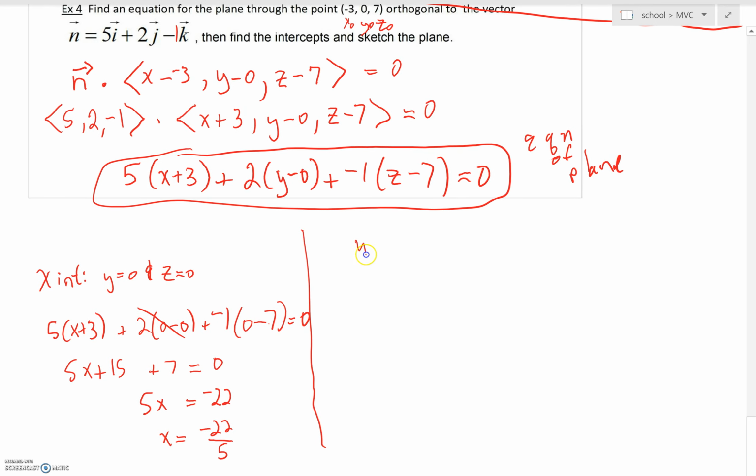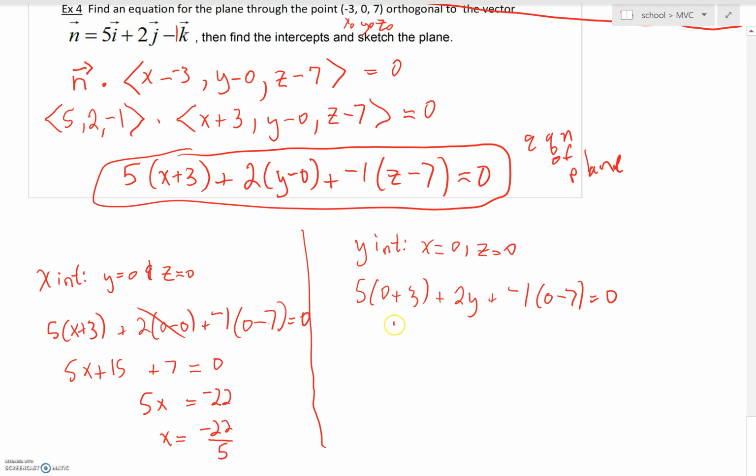Let's find a y-intercept. To find a y-intercept, we're going to let x equal 0 and z equal 0. Well, what are we left with? This is 0 plus 3. Y minus 0 is just a y. And here we'll have negative 1 times, well, 0 minus 7 is negative 7.